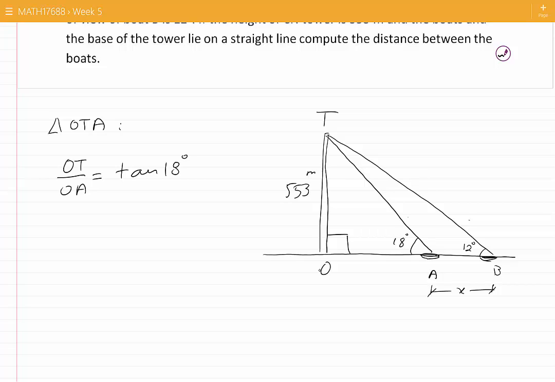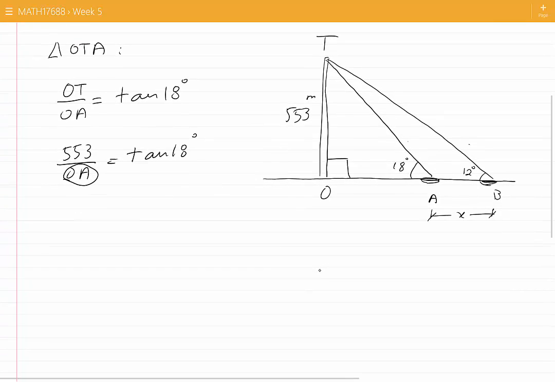Since OT is 553 meters, I can solve for that. 553 divided by OA is tangent of 18 degrees. This equation involves one unknown, which is OA, and I can solve it to find OA.